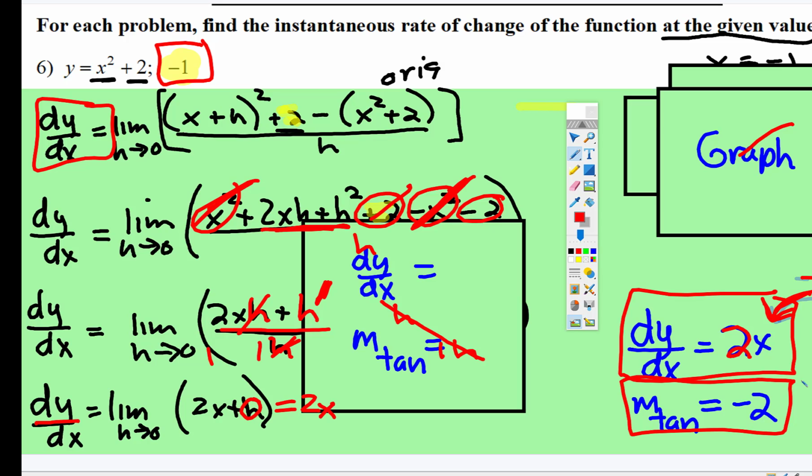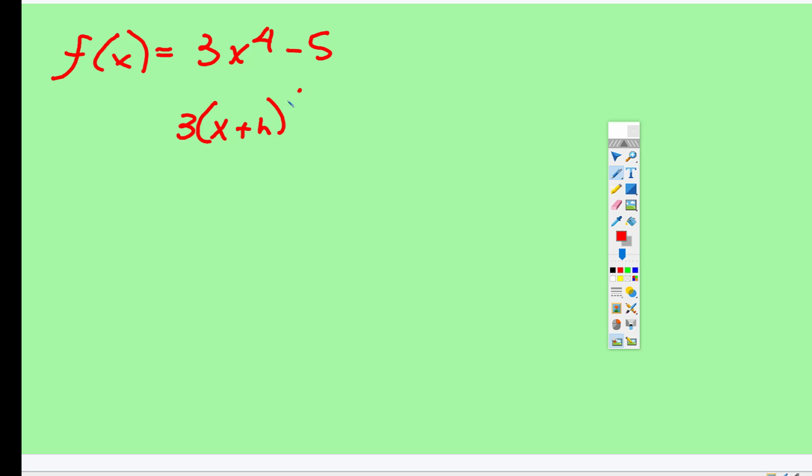Okay, they get more complex than this. For example, if you are given this function right here, 3x to the 4th minus 5, that would be terrible because this is x to the 4th, so that's going to be 3(x plus h) to the 4th. Well, then that's going to expand to 3 times x to the 4th.